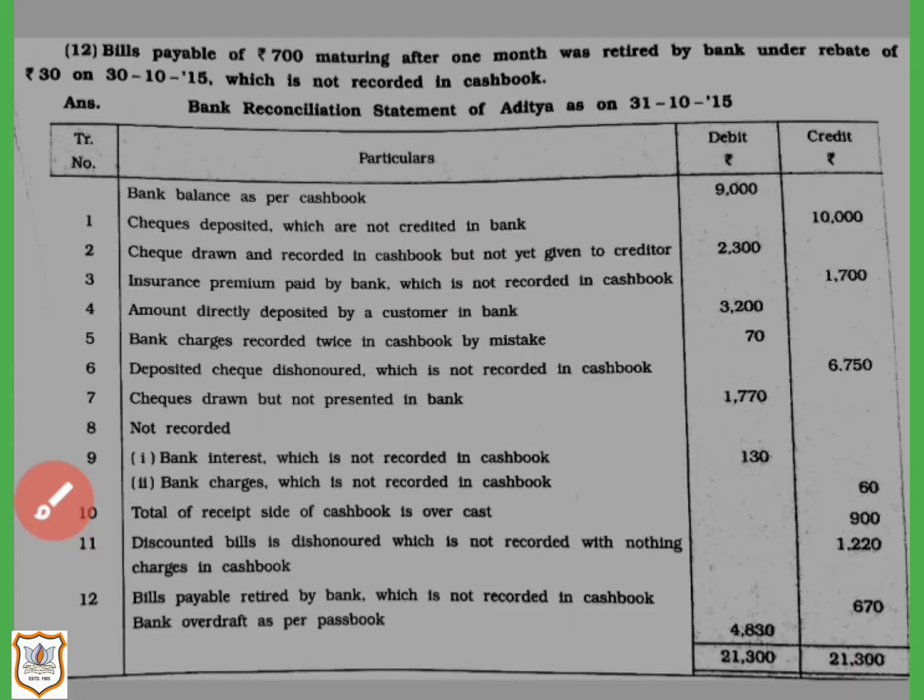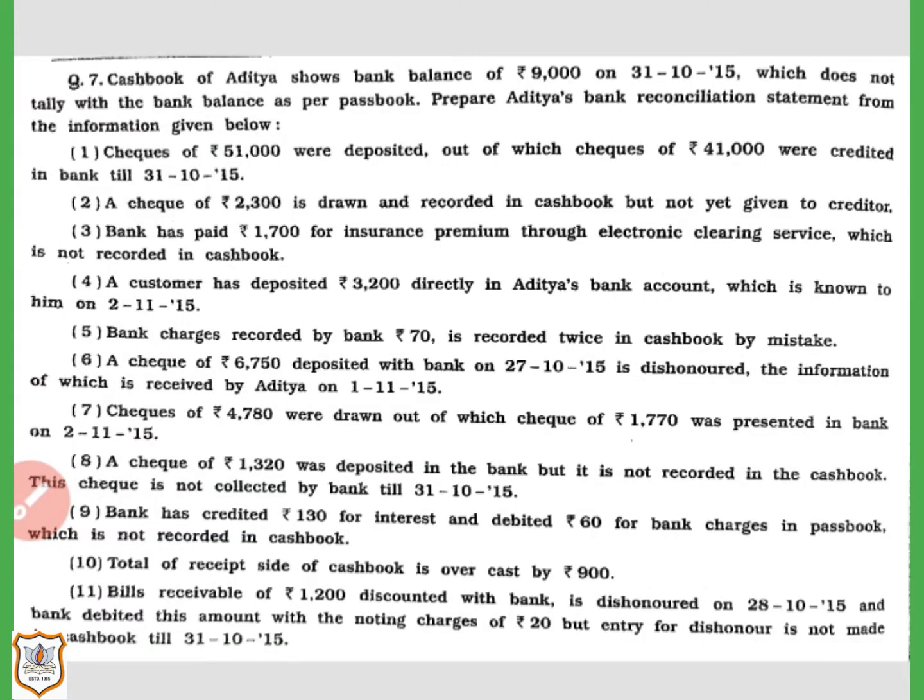Now let us see first information. Here it is given that checks of rupees 51,000 were deposited, out of which checks of rupees 41,000 were credited in bank till 31st October 2015. Here we are making bank reconciliation statement as on 31st October 2015.